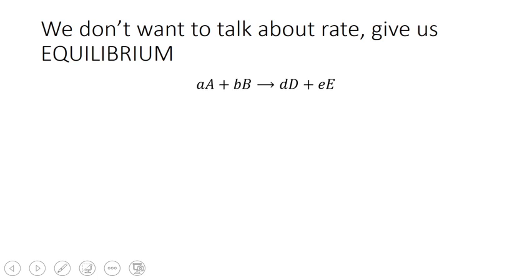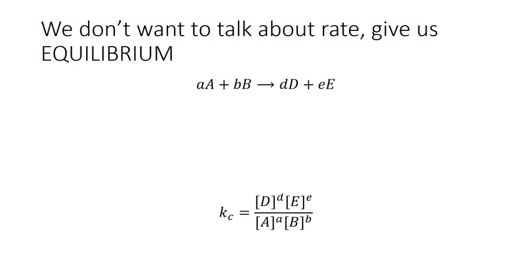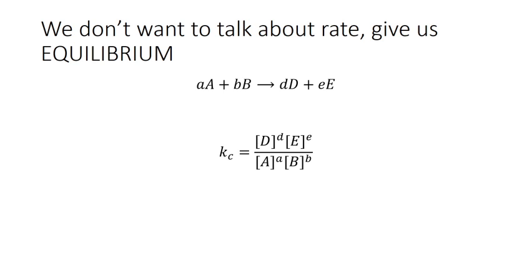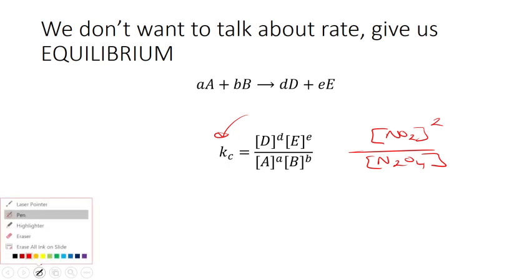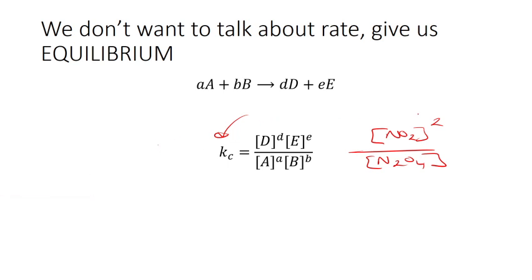So if we have this general reaction in place of our N2O4 and NO2 reaction, we can write an expression like this, which looks very much like our other one where we had NO2 squared over N2O4, and have it equal to a constant, an equilibrium constant, where we have our products over our reactants, however you spell reactants, and each of them is raised to the power of their balancing number.